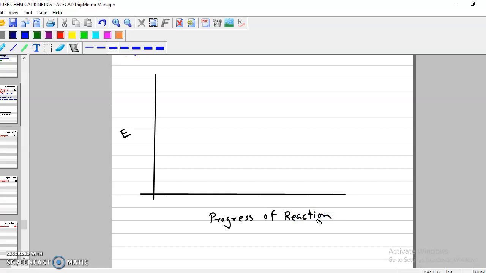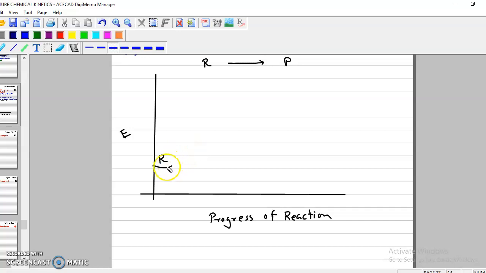When any chemical reaction starts, it is always with reactants. So normally reactants give product. This is the common reaction. Now when we start a chemical reaction with reactants, reactants have a certain amount of energy and that we do not know. So suppose the reactant has some amount of energy, and then this is converted into product.